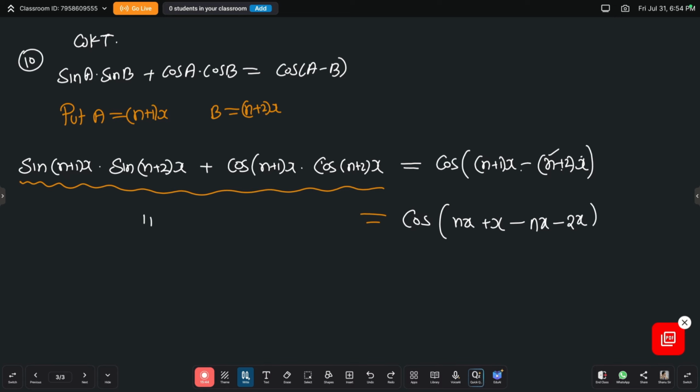Simplify. This nx and nx cancel. Cos x and minus 2x gives cos minus x, and cos minus x is always plus cos x. This is the RHS, hence proved.